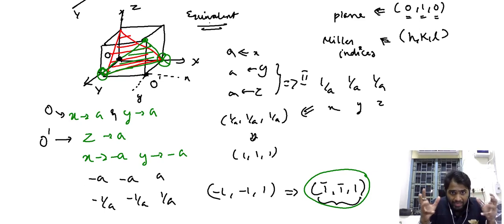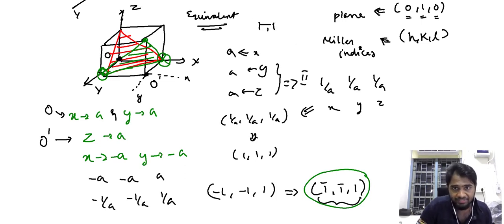So both these are equivalent. In other words, when you look even more closely, it is possible for us to rename the x, y, z and change the point of origin in such a way that both these planes can be represented by the same Miller indices.